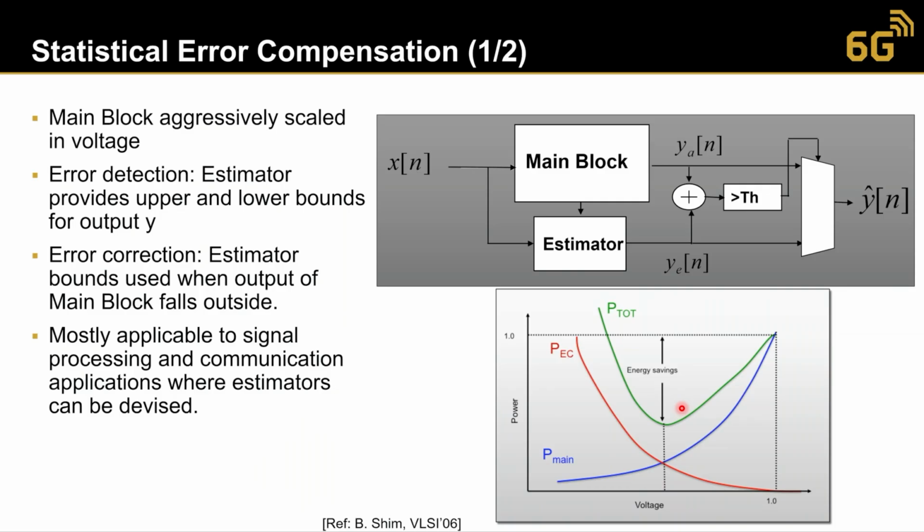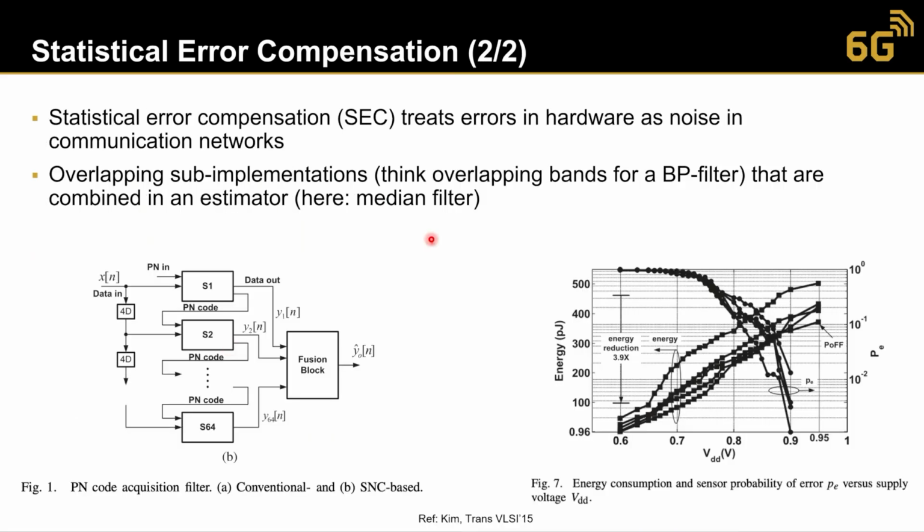This was shown at the University of Illinois with a telecom algorithm where the main block was a bandpass filter and then an estimator, which was a median filter, basically getting the average result. They had a nice 3.9 or maybe 4x energy reduction in the results. But again, this is only applicable to some fields, basically on the telecommunication side, where the block can be changed with the estimator that you require.